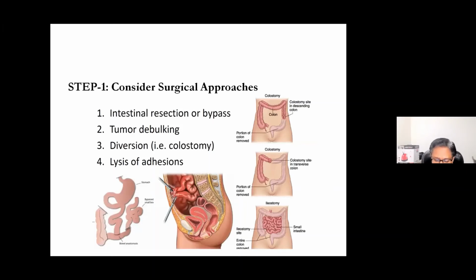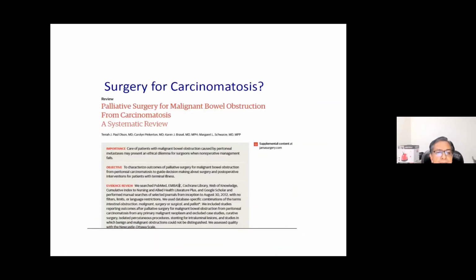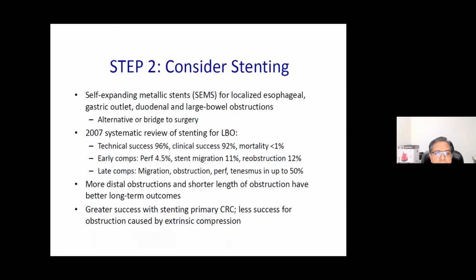But if there is a carcinomatosis, the role of surgeries remains very restricted. This is a good systematic review where they have found that the palliative surgery for malignant bowel obstruction from carcinomatosis does not lead to much improvement in the quality of life, and as such may not be advisable.